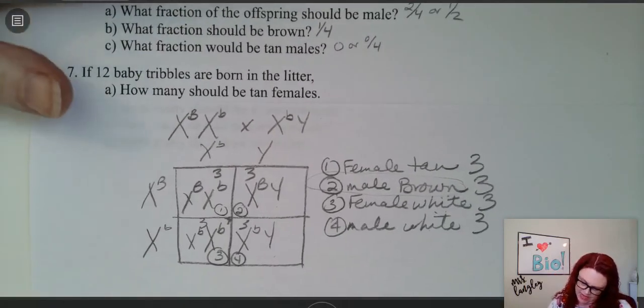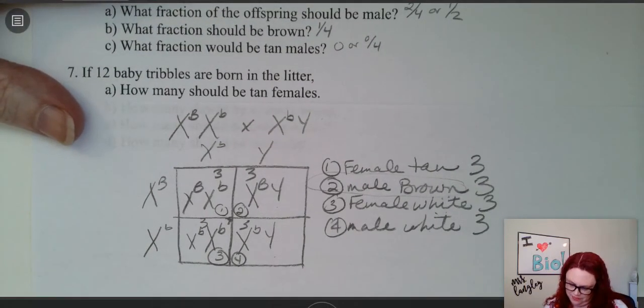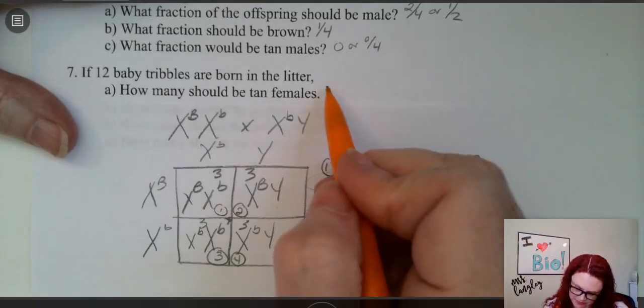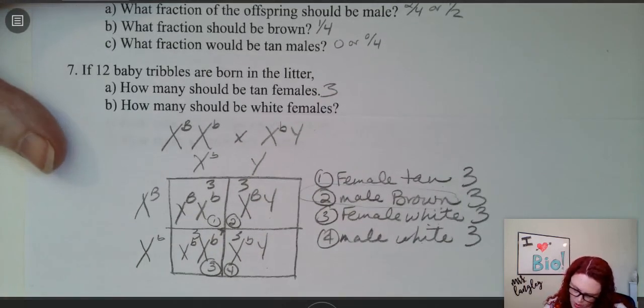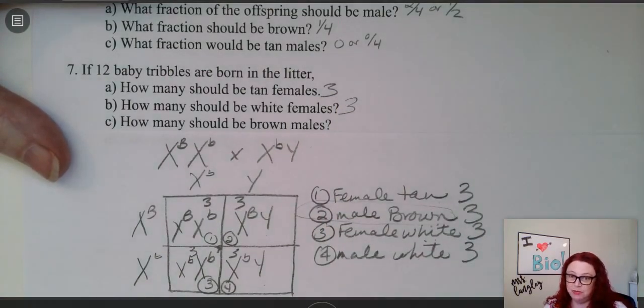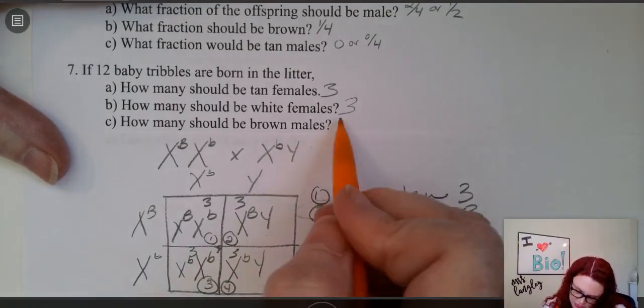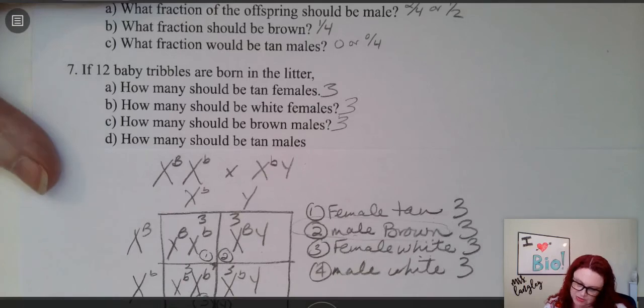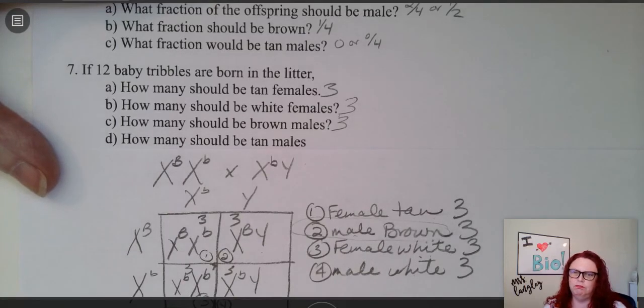How many would be tan female? Well, female tan, 3. How many should be white female? 3. How many should be brown male? Male, brown, 3. How many should be tan male? We have no tan males.